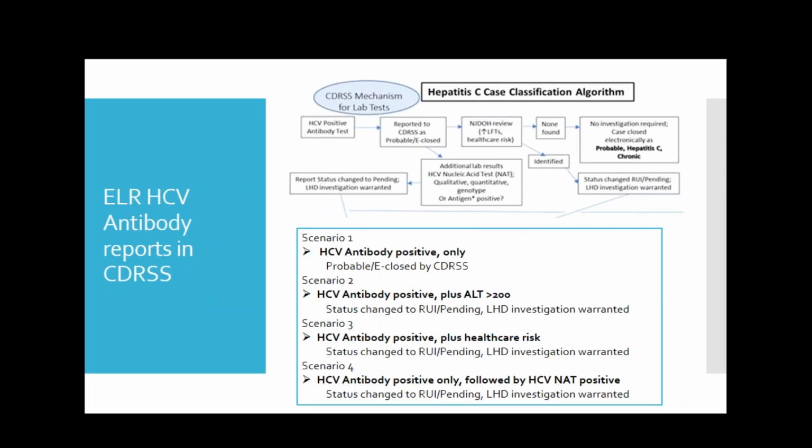So let us focus on the top portion of the algorithm. So just a little walkthrough. Cases reported electronically will be reported in CDRSS with an HCV antibody test, qualitative or quantitative, as the only test that a person has. And this case will be closed as probable closed.